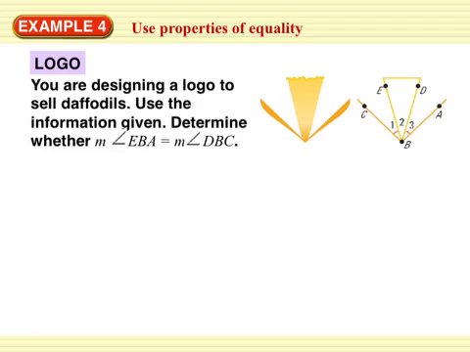All right, we are going to work through our first proof. So you all need to slow down and think through this, and proofs take practice, okay? Lots of practice. So we're going to use the information given and determine whether the measure of angle EBA is equal to the measure of angle DBC.